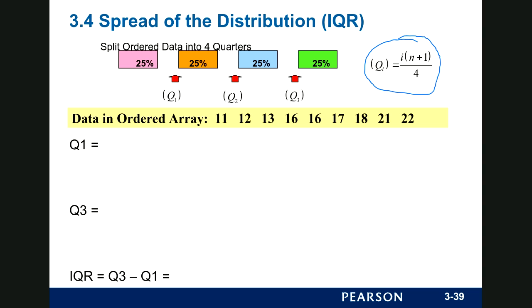Stellan, you say 9: 1, 2, 3, 4, 5, 6, 7, 8, 9. Yep. So that's 9 plus 1, the whole thing divided by 4. So what do you get for the answer? 2.5, yep.